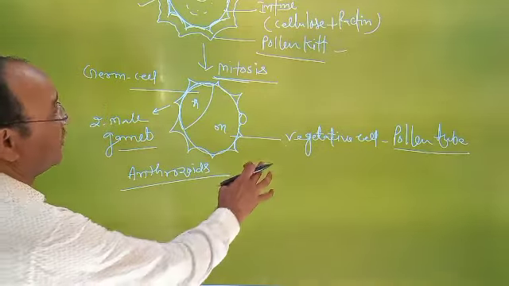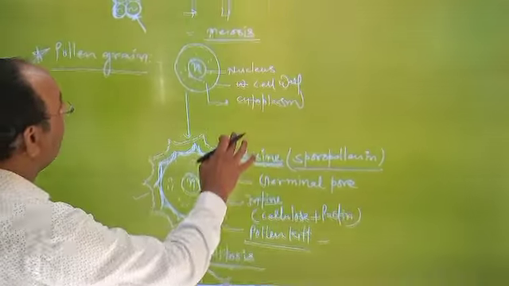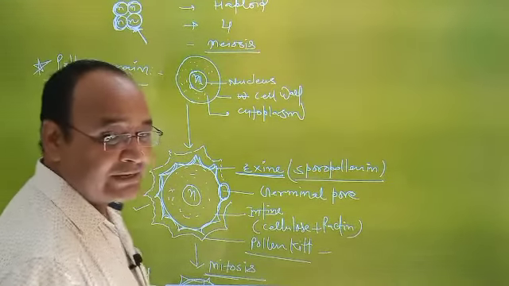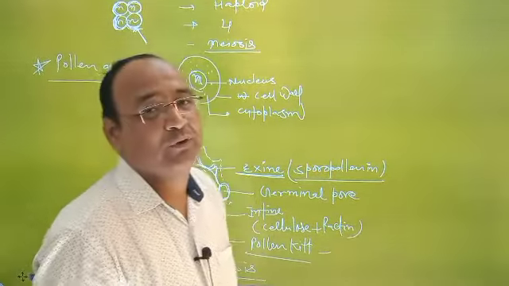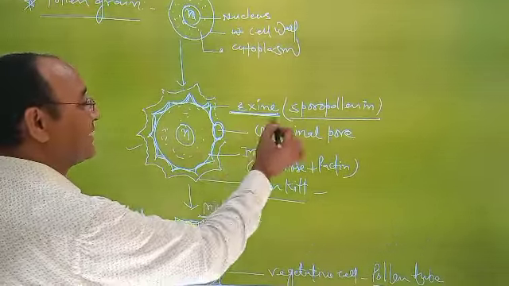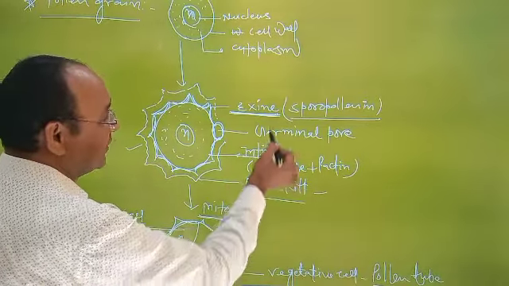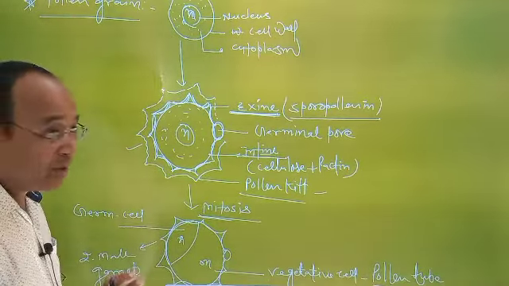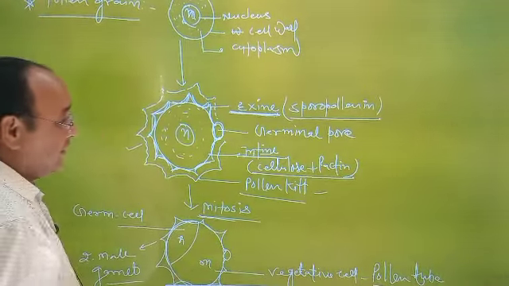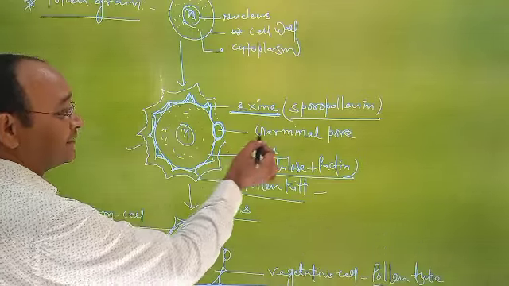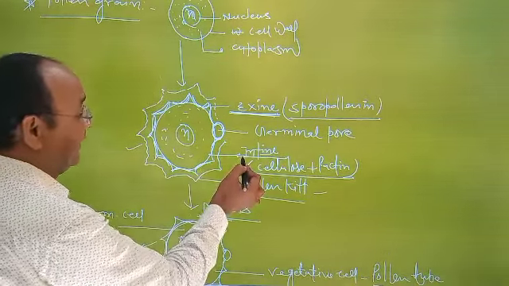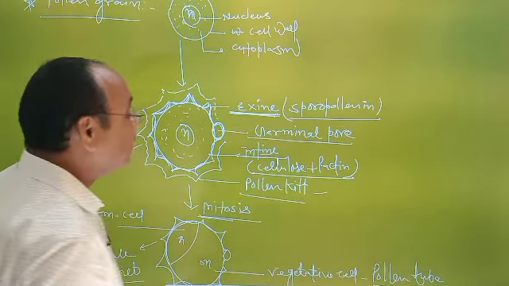I repeat, what is a pollen grain? Simply, a pollen grain is a modified microspore. In a pollen grain 2 layers are present, exine and intine. The exine layer is made up of sporopollenin and the intine layer is made up of cellulose and pectin. The place where sporopollenin is absent is called the germinal pore.